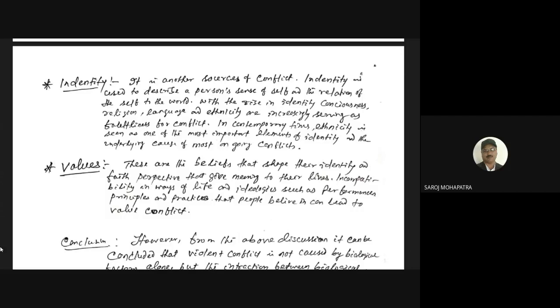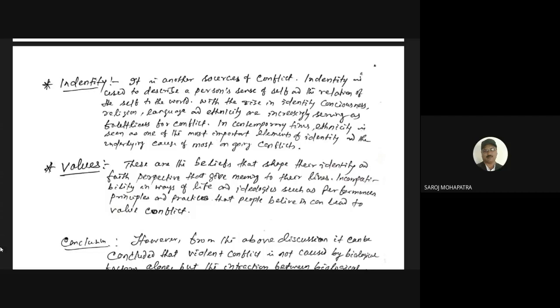They are also increasingly serving as partners for conflict. In contemporary times, ethnicity is seen as one of the most important elements of identity and the underlying cause of most conflicts. So it is also a source of conflict.